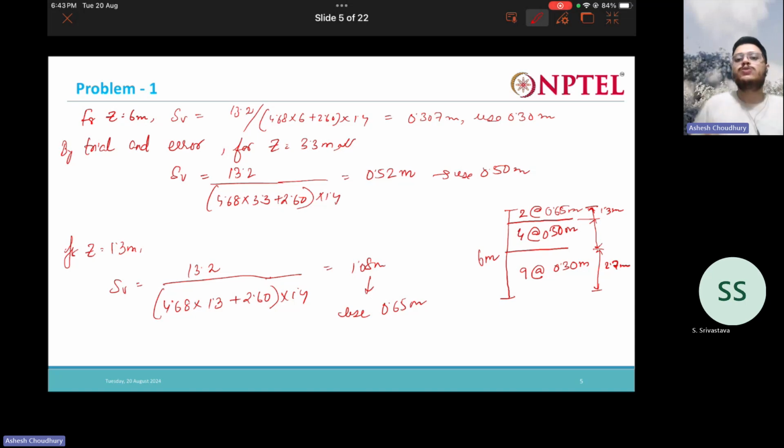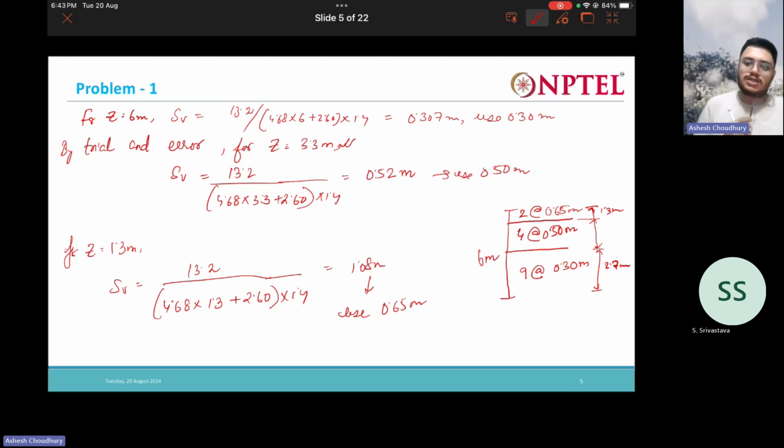So this way you need to adjust the spacing. As per now it is 9 at 0.3, but you can provide 10 layers at 0.3 meter also. It is totally up to your choice. This readjustment is completely up to you, to be done at your own discretion.